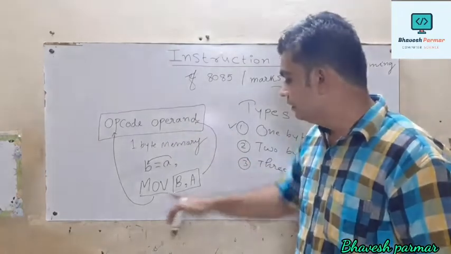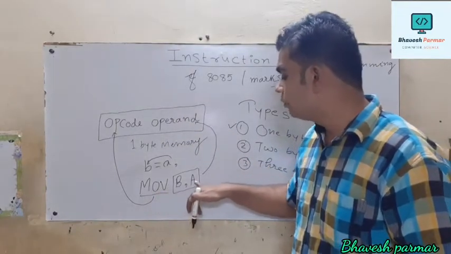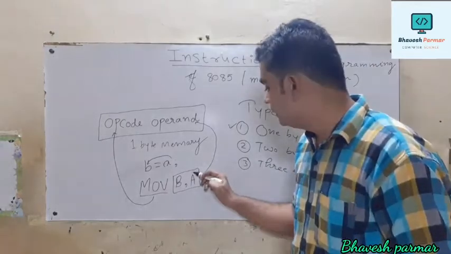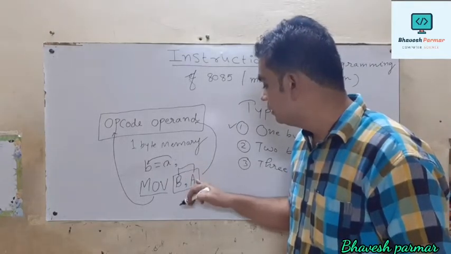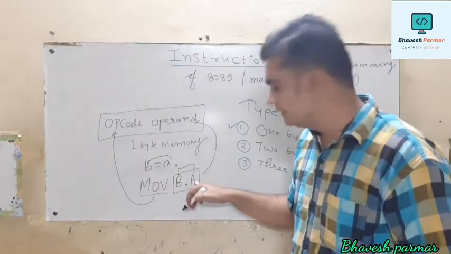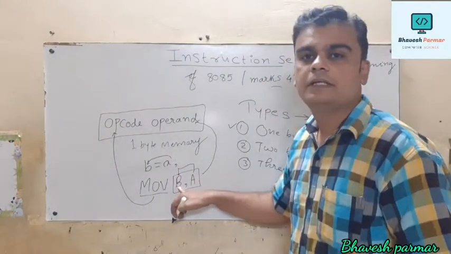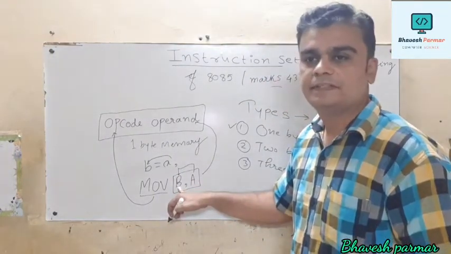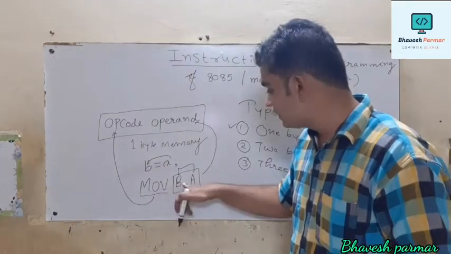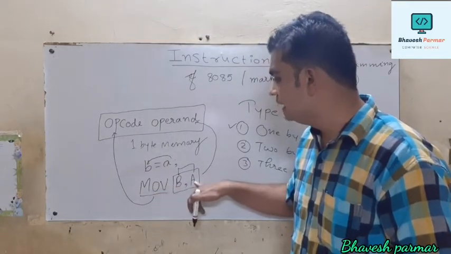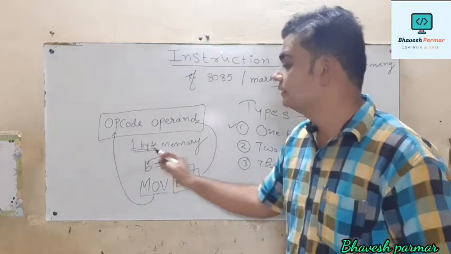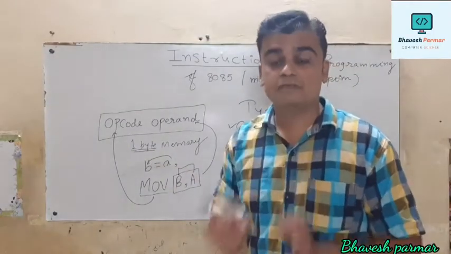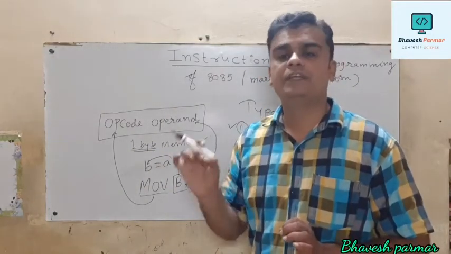Is that clear? MOV B comma A means whatever information is stored in register A is copied into register B. To store this instruction, MOV B comma A, how many bytes are required? 1 byte. That's why it is called a 1 byte instruction.